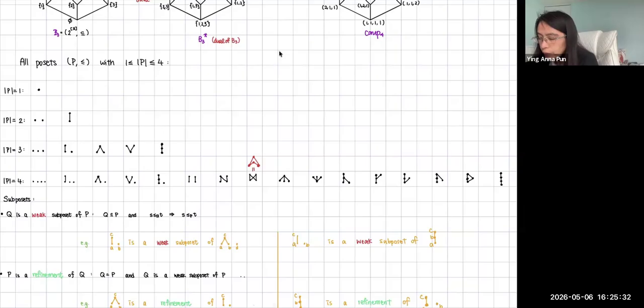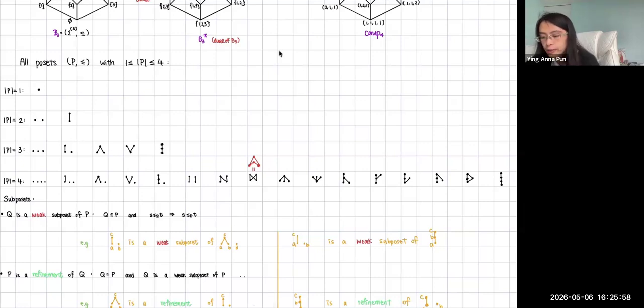And you can see that these two are actually not the same, because one is like this and the other one is like this. Even though as an undirected graph they would be the same graph, a poset's Hasse diagram is secretly a directed graph. We just didn't write it out. Everything goes up because we have an order.